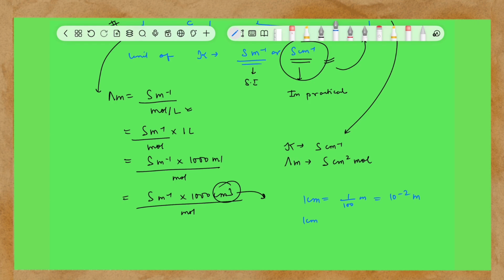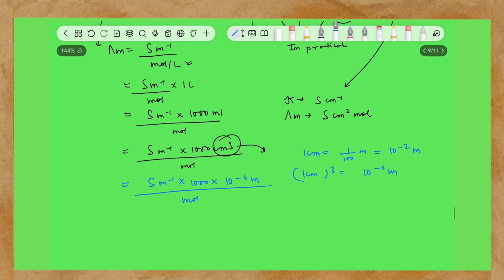So 1 centimeter cube is equal to 10 to the power minus 6 meter cube. So we change 1 centimeter cube into 10 to the power minus 6 meter cube per mole.